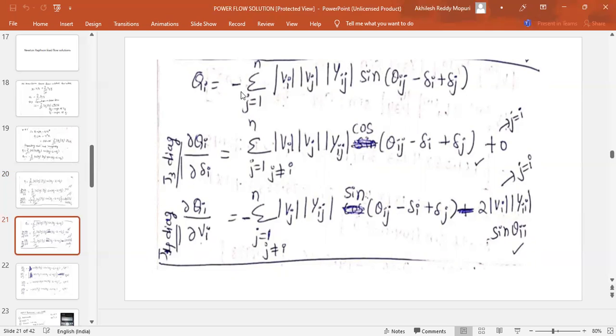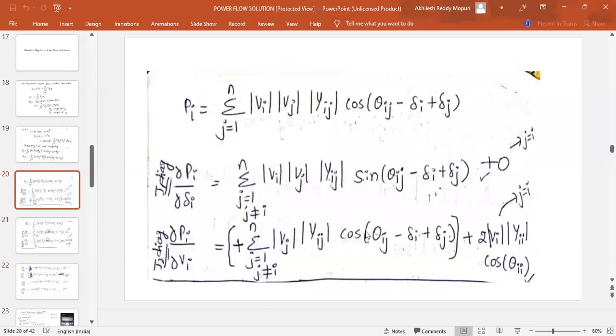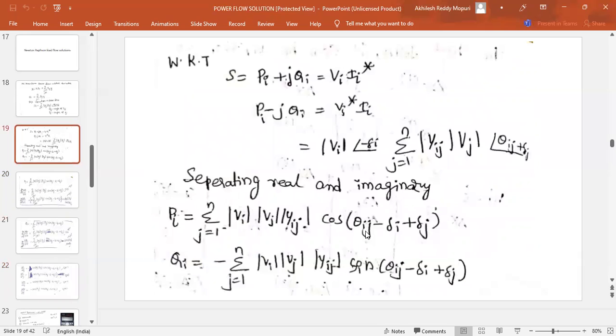So again it is minus Vi Yij sin(theta ij minus del i plus del j), similar to Ax differentiated with respect to x. So totally we have 8 formulas, actually 10 formulas: Pi and Qi, Pi with respect to del i and Vi, Qi with respect to del i and Vi, Pi with respect to del j and Vj, and Qi with respect to del j and Vj.